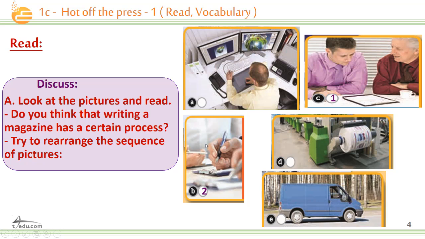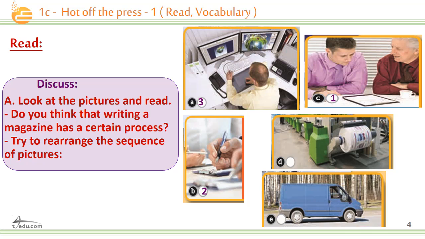Very good. Number three. Yes, very good. We have here what we call the graphic designers. They sit and they put the layouts for the magazine. How are they going to design the pictures? How is it going to look? So number three is the graphic designers' work.